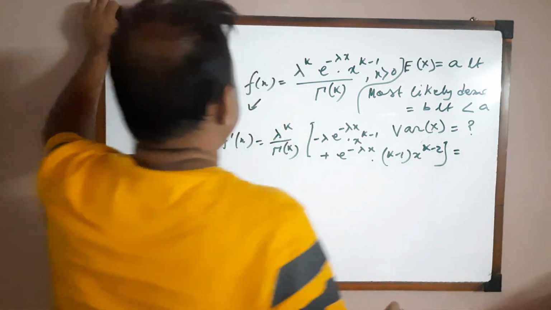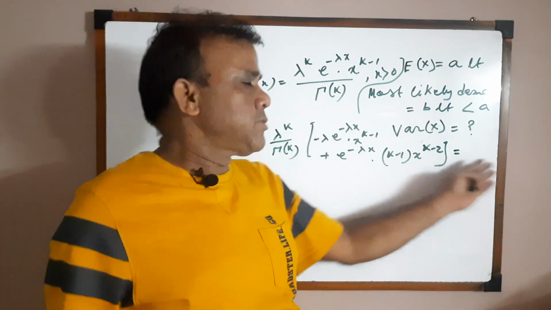For maximum or minimum value of f(x), f dash x will be 0.